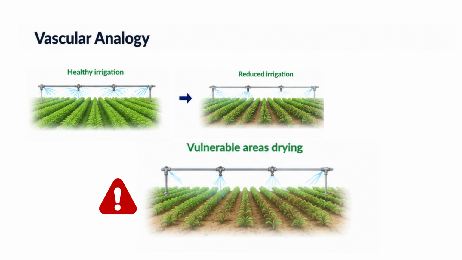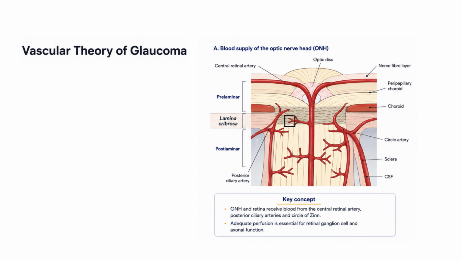Similarly, reduced or unstable perfusion may make the optic nerve head more susceptible to damage, especially when pressure-related stress is also present. This vascular theory is actually applicable when we talk about normal tension glaucoma, where the pressure is normal, yet the patient suffers from glaucomatous damage of the optic nerve.